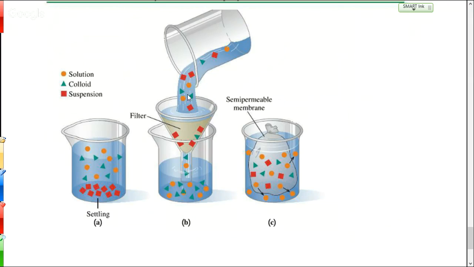If you filtered it, the suspended particles would come out, but the others would not. And if you put it inside a plastic bag, the solution particles would make it through the bag to the other side, but the suspension and colloid particles would stay inside the bag. And that's all just a function of particle size. How big are those things?